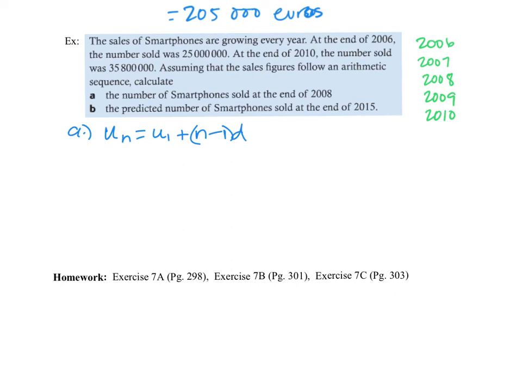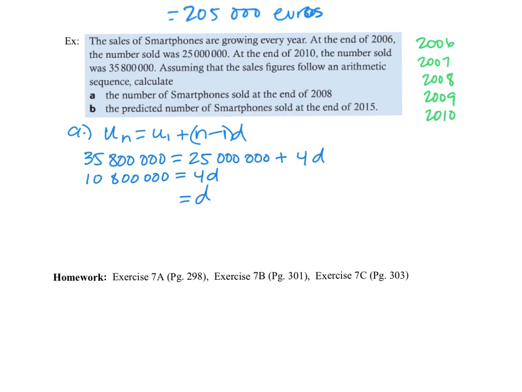We know that the fifth term is 35,800,000, and that's equal to the first term of 25 million plus 5 minus 1, which would be 4 times the common difference. Subtracting 25 million from both sides, we have 10,800,000 is equal to 4 times d. Divide both sides by 4, and that common difference is 2,700,000.